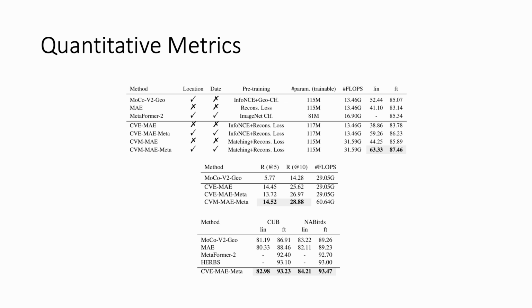As can be seen, our model also outperforms the state-of-the-art MoCo V2 Geo model. The third table shows the performance of our models on the transfer learning task on two datasets, the CUB dataset and the NA-BIRDS dataset. Again, our model outperforms the other models in both linear probing and fine-tuning.